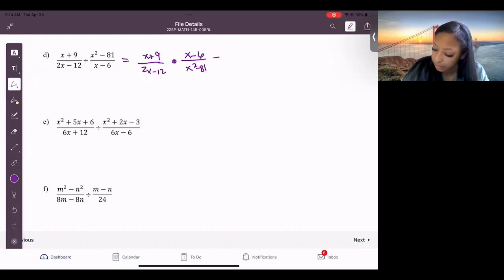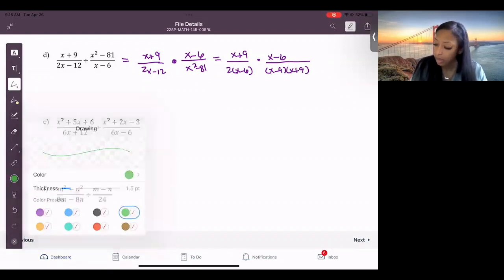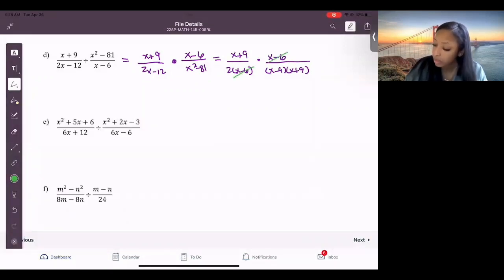This gives us x plus 9 over 2 times x minus 6, times x minus 6 over x minus 9 times x plus 9. Then the x minus 6's cancel, the x plus 9's cancel, and we're left with, which is I think what Robert gave, 1 over 2 times x minus 9.